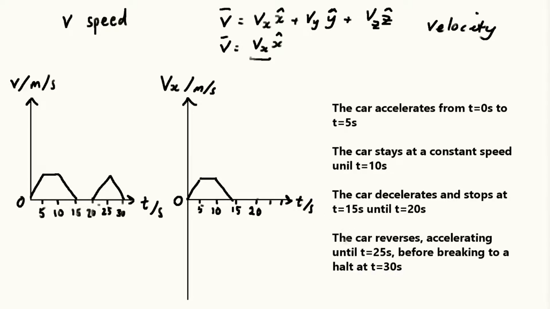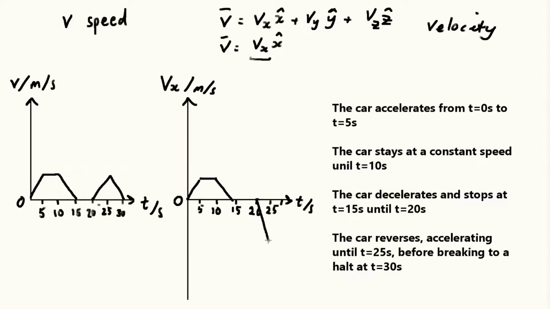Now our car reverses, which means it accelerates backwards until 25 seconds. But here is a slightly different part to the speed time diagram. Now we have directions to deal with, which means if our car accelerates backwards, it means that the x velocity will be increasing but in the opposite direction, meaning that now we draw on the other side of the graph as such.